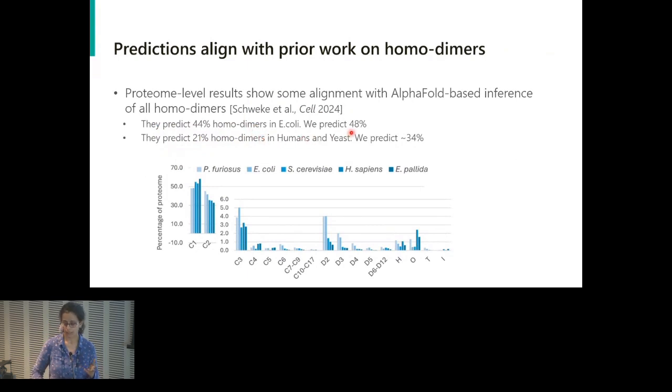We predict a similar range, 48%. Their work predicts 21% homodimers in humans and yeast, and we predict the same. We predict 34% in E. coli, which is higher than 21, but we predict the same number in both humans and yeast. So we see some qualitative alignment as well to prior work.